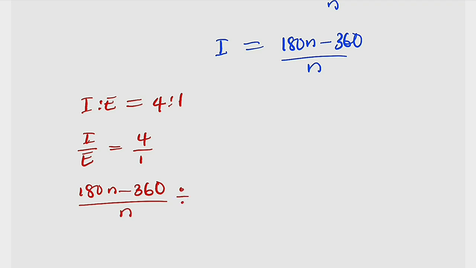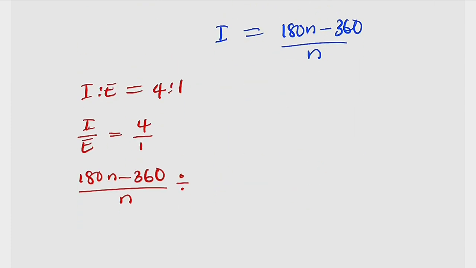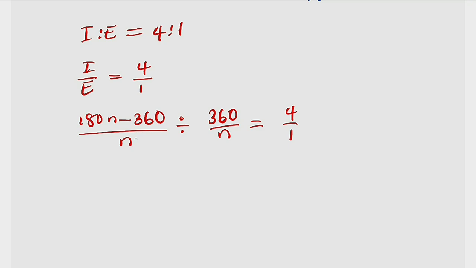Then we divide it by the exterior, which is 360 divided by n. And this must be equal to 4 divided by 1, right? So since we are dividing and we have equal denominators, we can just cancel them and divide the numerators. So this is 180n minus 360 divided by 360. This is equal to 4 divided by 1, which is 4.